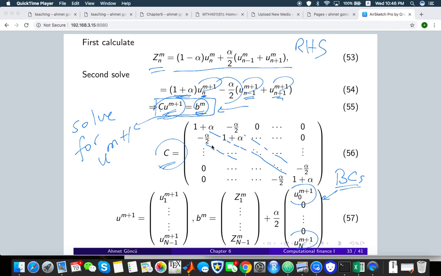Okay, so we need to repeat this solver for this tridiagonal system by applying the LU decomposition to this tridiagonal matrix C. We can solve for the values of u^(n+1) at each time step.